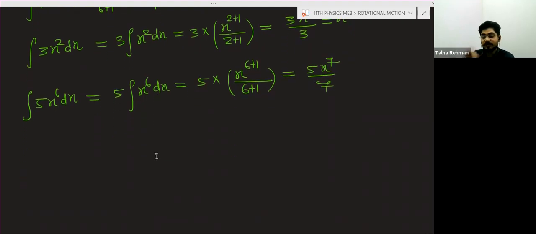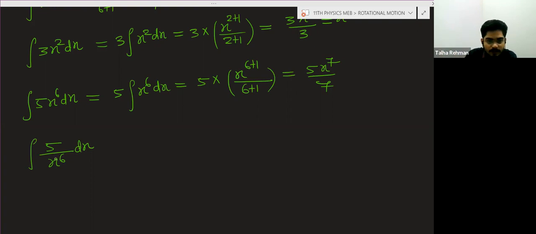Okay. Now there can be another case also. Suppose it is written 5 upon x to the power 6. This type of function you have to integrate. In this case, what will we do? Very simple.